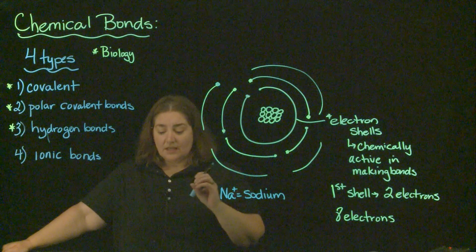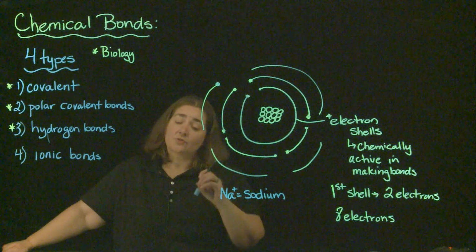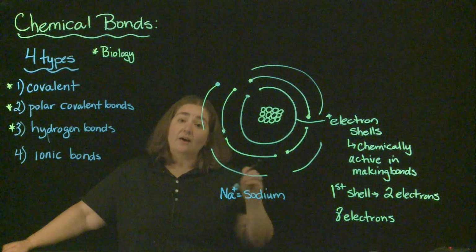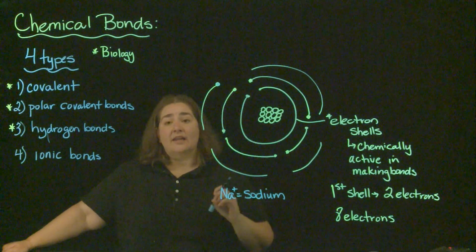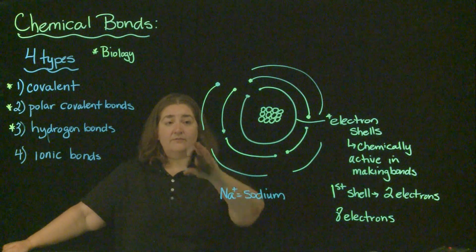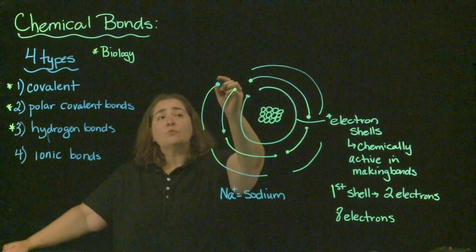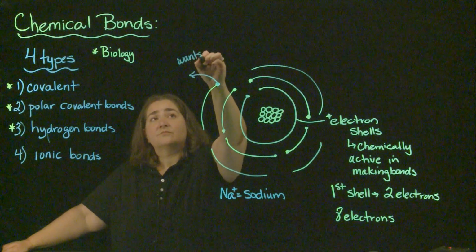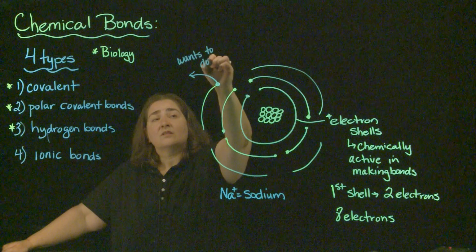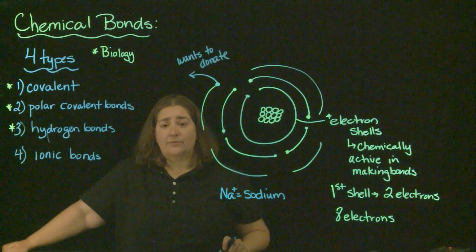All right? Now in terms of that, this characteristic is what allows bonding to happen. In terms of that outer shell, for sodium, for example, it wants to donate that little electron that's in that third shell.